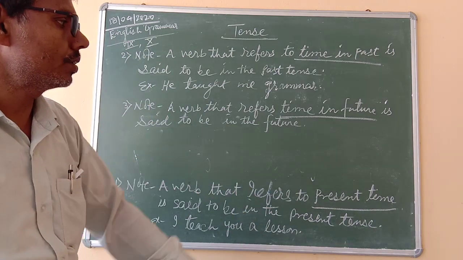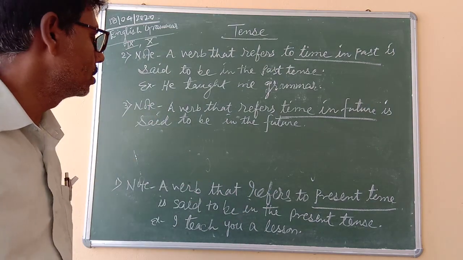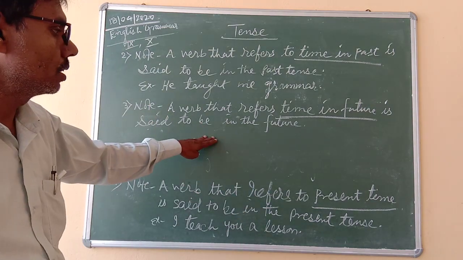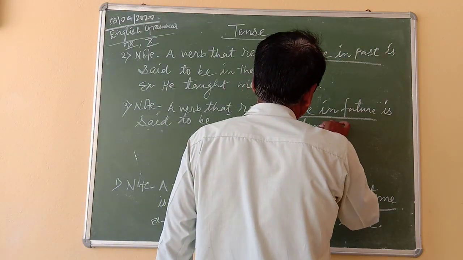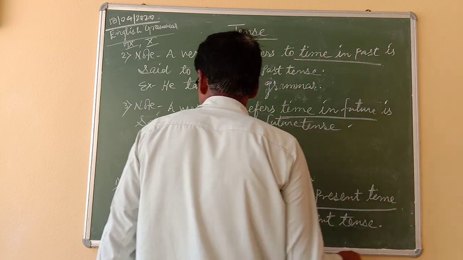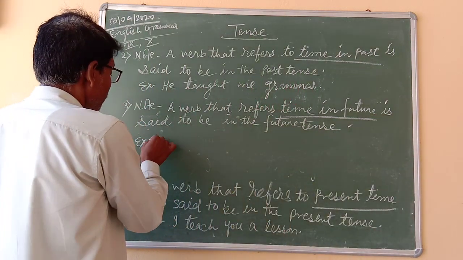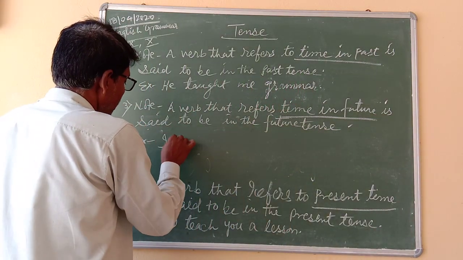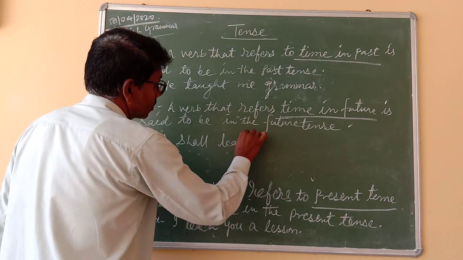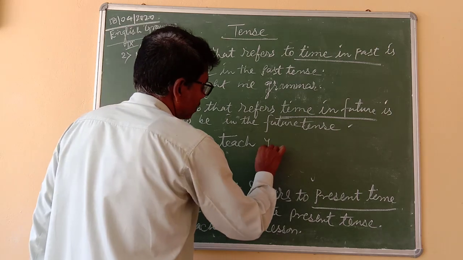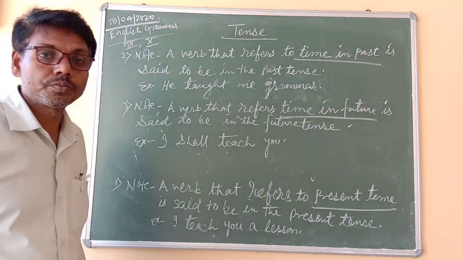A verb that refers to time in future is said to be in the future tense. Just like the example, I shall teach you.